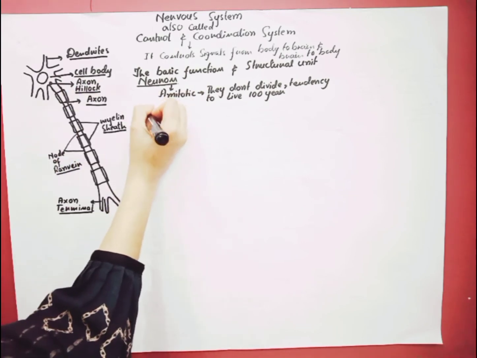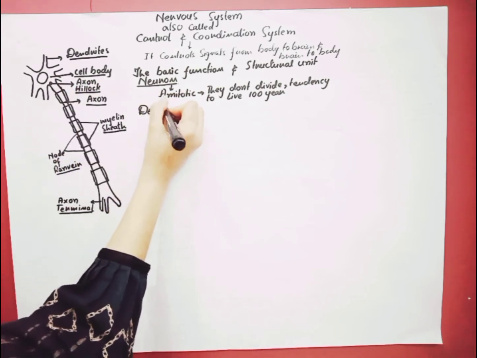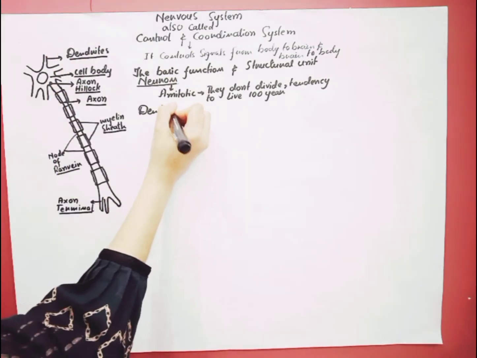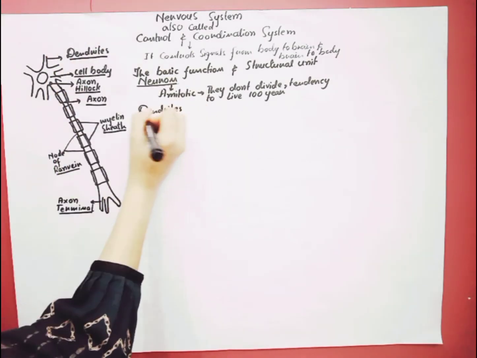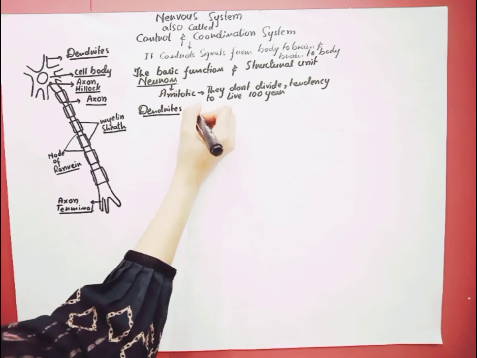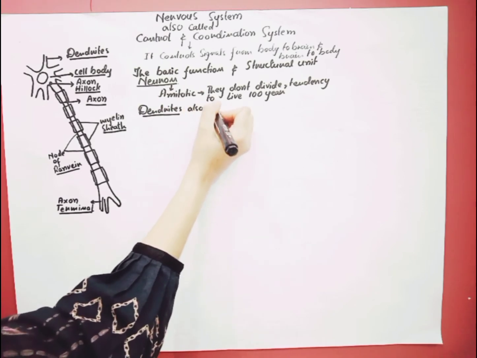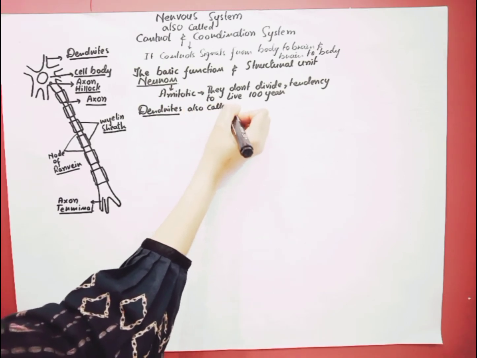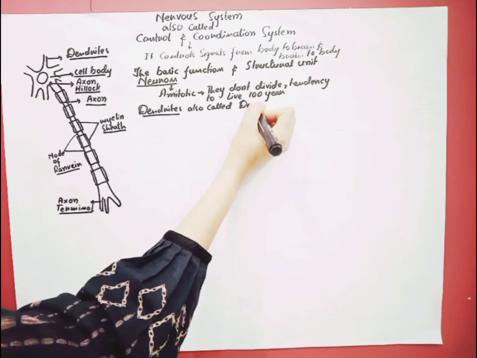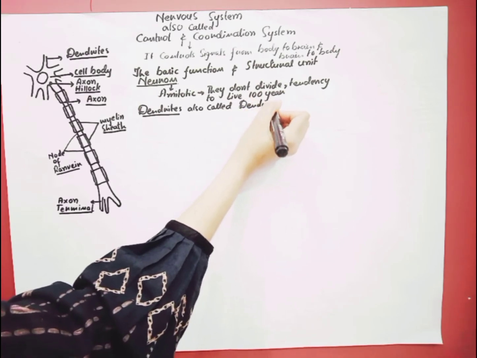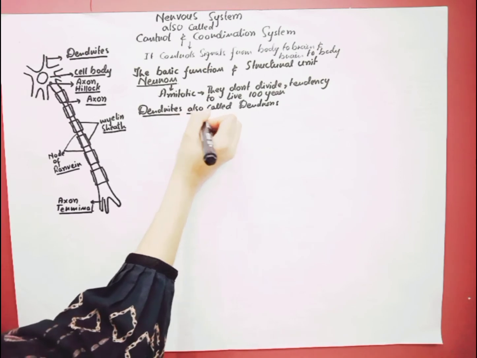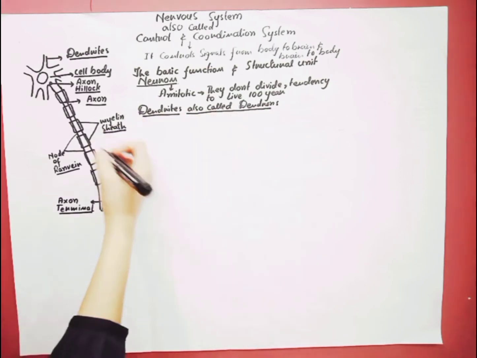So the dendrites, these dendrites, also called dendrons. What are the function of dendrite?